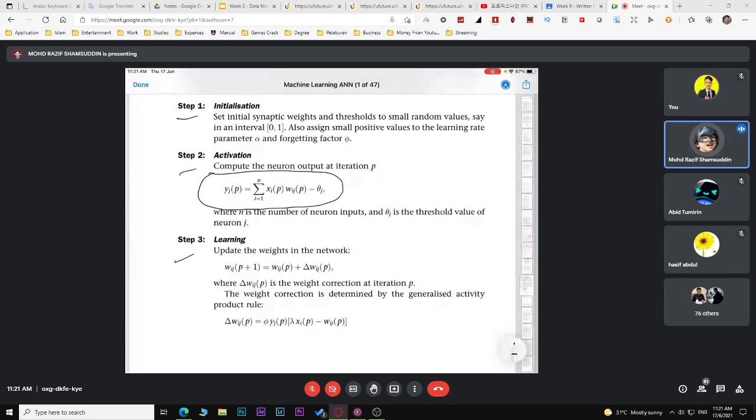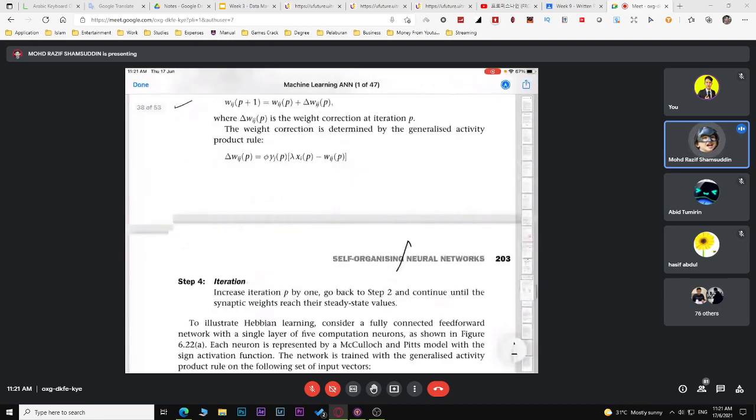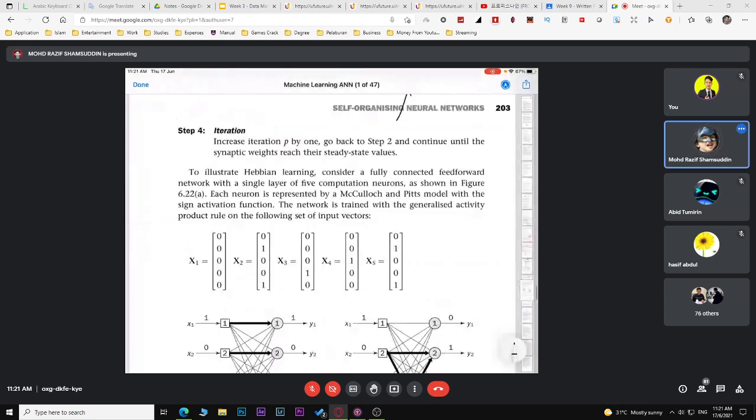Beza dia dengan perceptron apa? Apa beza dia dengan perceptron? Anybody? Can tell me? Beza dia adalah unsupervised. Dia tak ada label. Okay. Boleh? Boleh.